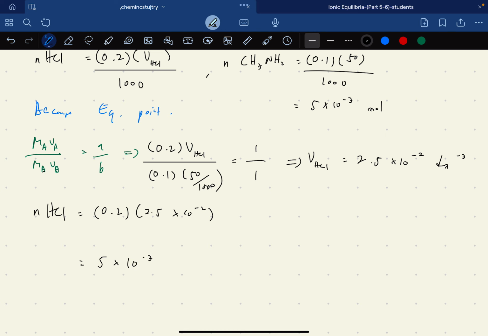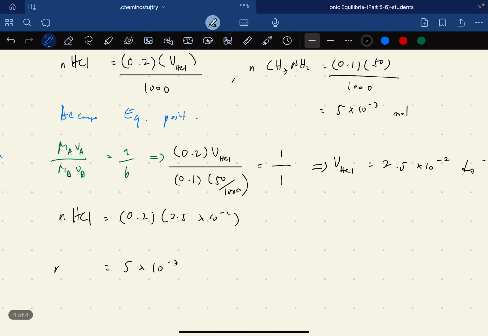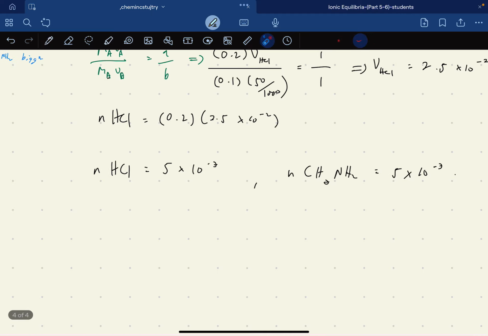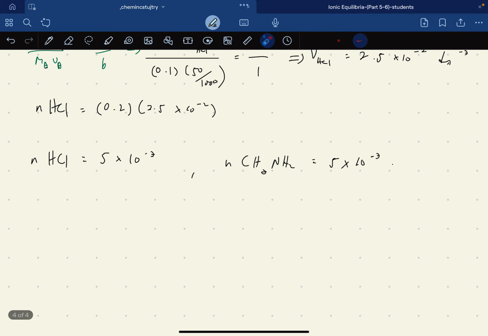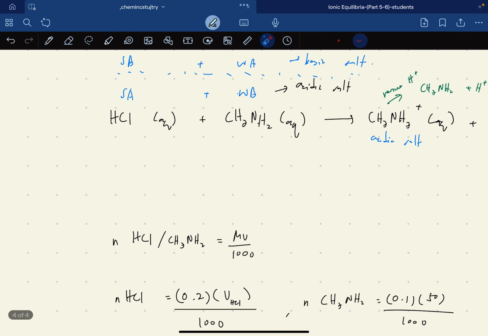So now, what can you tell me here? Mole of HCl is 5 times 10 to the power negative 3. Mole of methylamine is also 5 times 10 to the power negative 3. Now we check the ratio. It is 1 to 1.